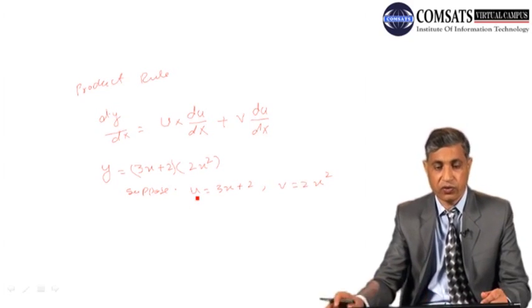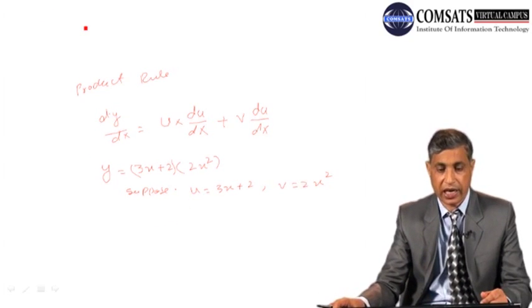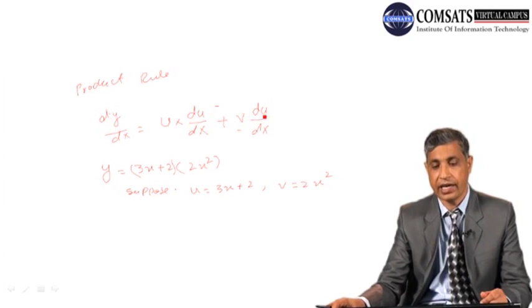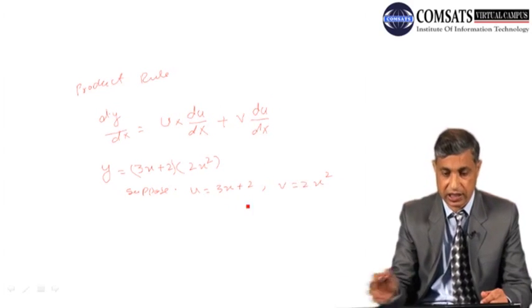If you look here, I have the u value, this one the v value, and now we need dv over dx here, and du over dx here.